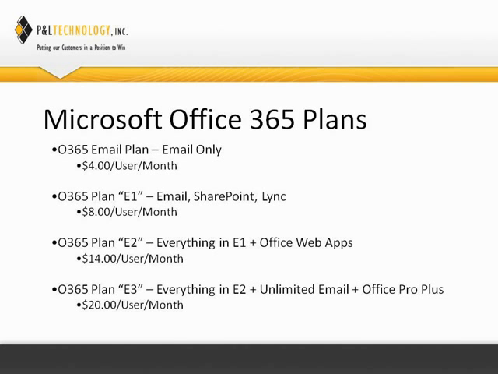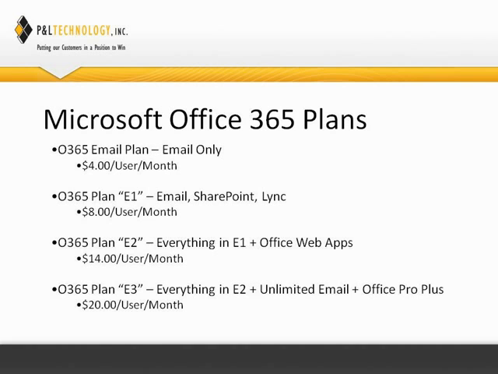Another very popular plan is the Microsoft Office 365 E3 plan. And this includes everything in the E2 plan and everything above, the email, the SharePoint, the Lync, the Office Web Apps, but it adds two very compelling features. One is an unlimited email storage, and the other is the Microsoft Office Pro Plus license.